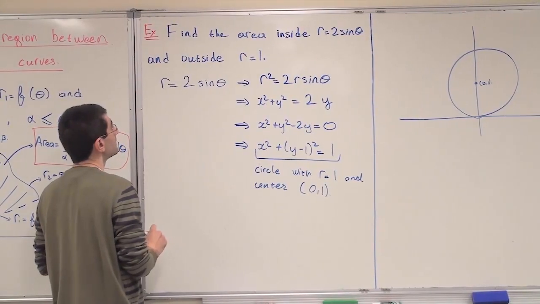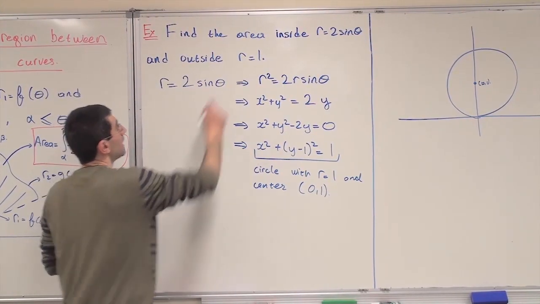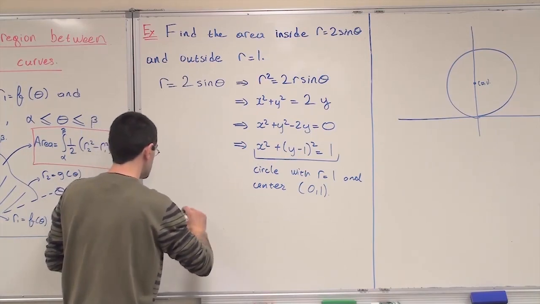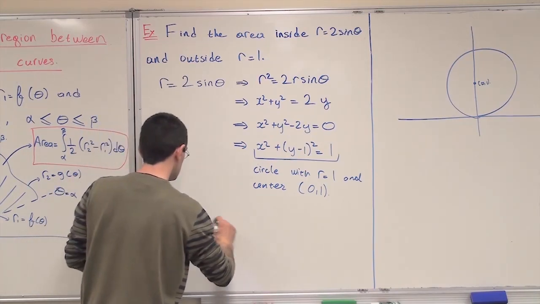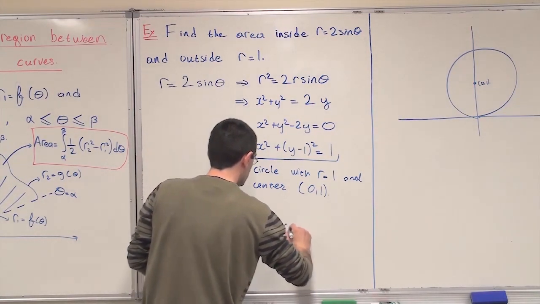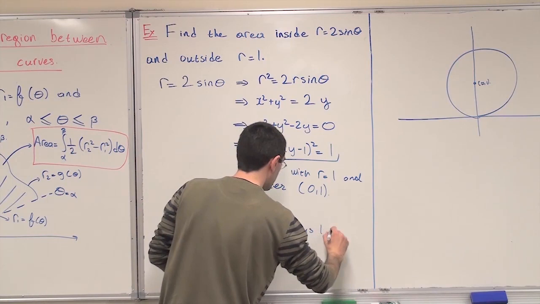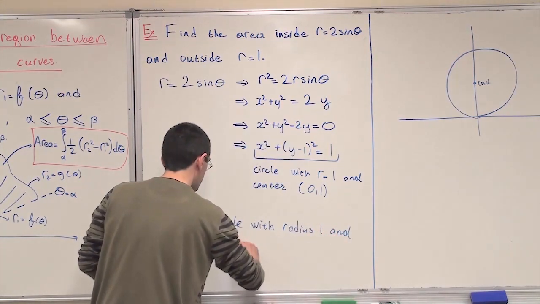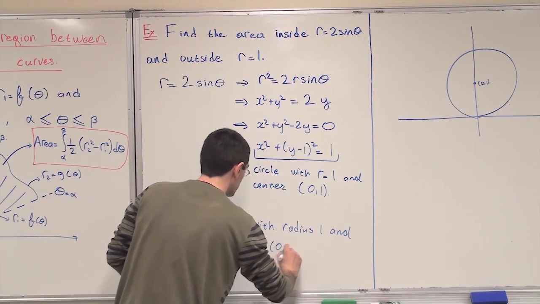Our second polar curve, r equals 1, we know that it is a circle with radius 1 and center at the origin.